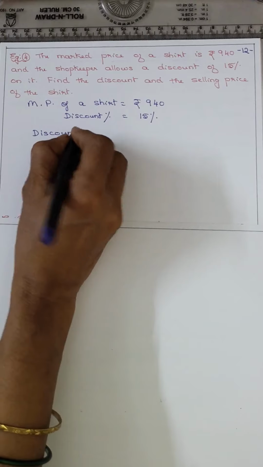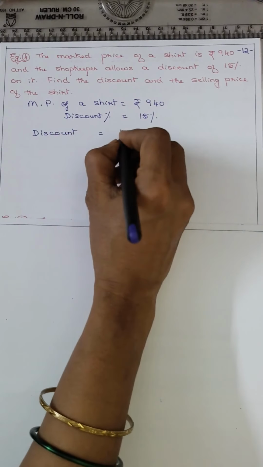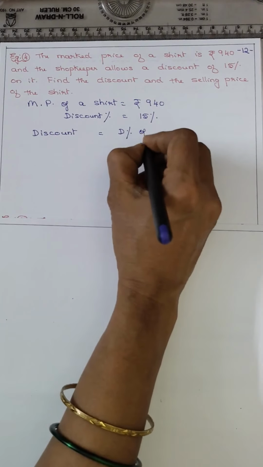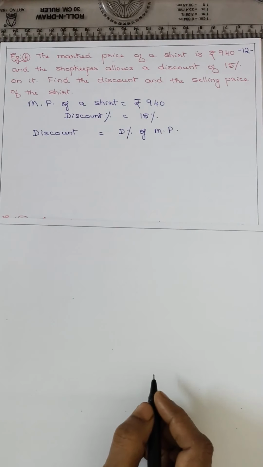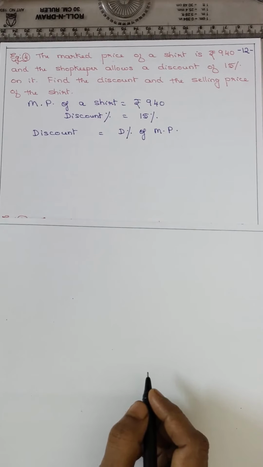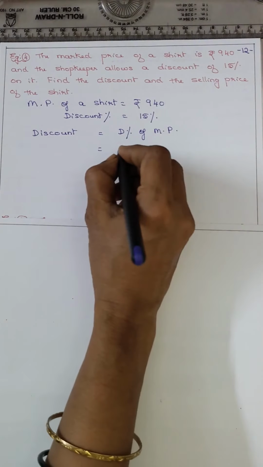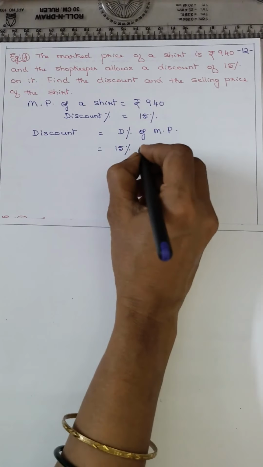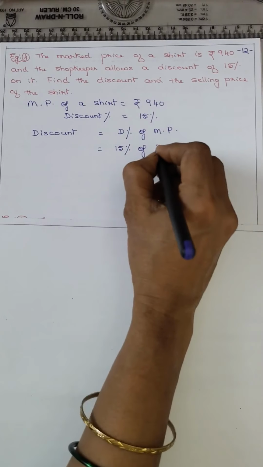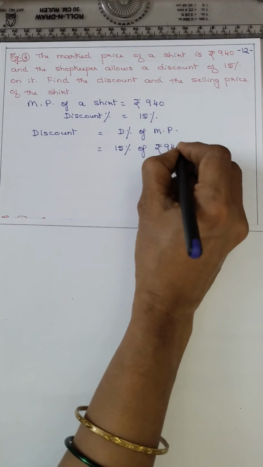First you have to find out the discount, that is discount percent of MP. So to find out the discount, what is the formula? Discount percent of MP. Discount percent, how much is it? 15% of MP is rupees 940.